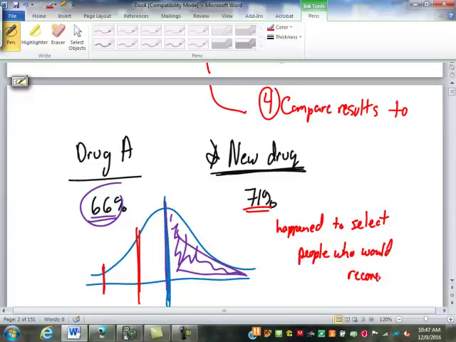And it's possible that we just happened to randomly select people for taking drug A, the old drug, that weren't going to recover no matter what. So that's called sampling error, sampling bias. I mentioned that a little bit in the recording: even though we do everything right to make as good of a sample as we can, we don't always get perfect samples.